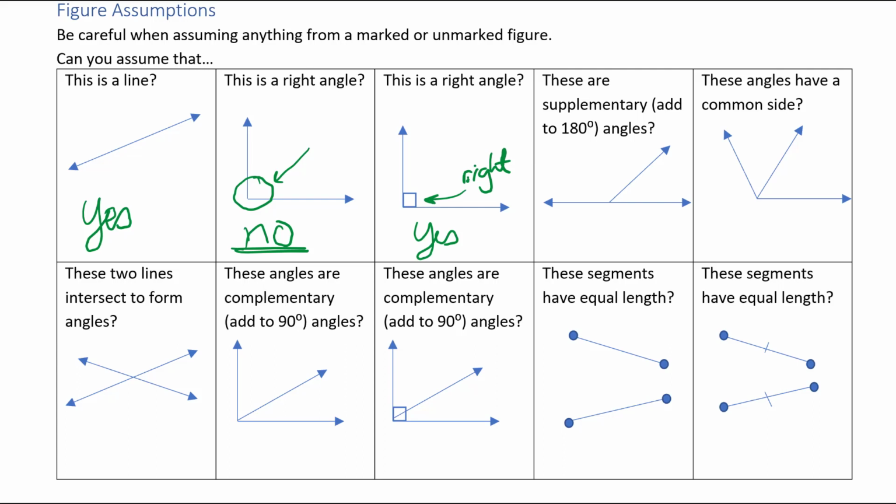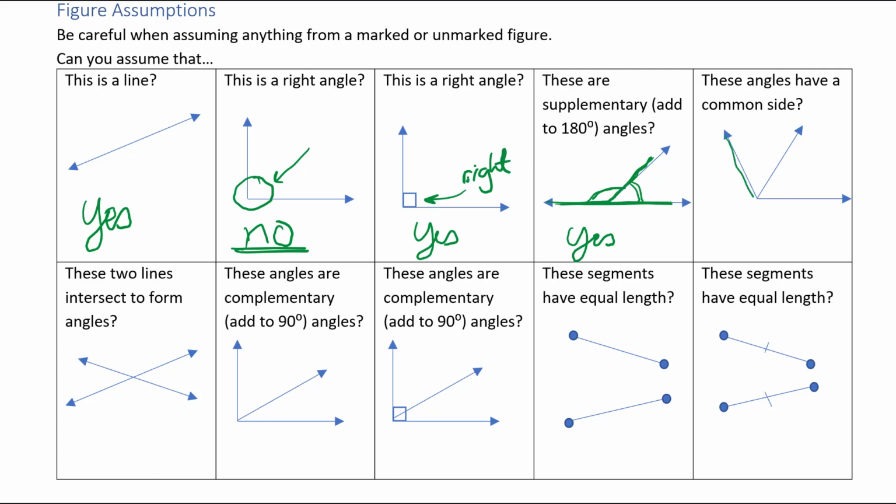Next, can you assume that these 2 angles are supplementary, meaning they add to 180? So this part right here, and then we have the other one over here. Can we assume that they add to 180? Well, yes, because it's a straight line, and a straight line has 180 degrees, so we can assume that. Next, can we assume that these angles have a common side?